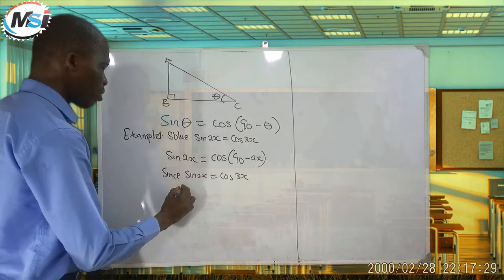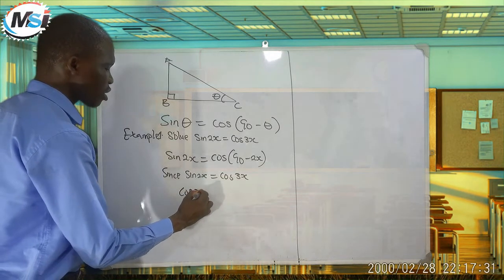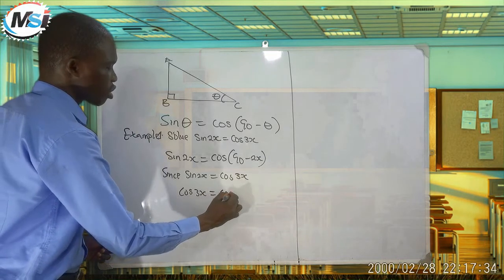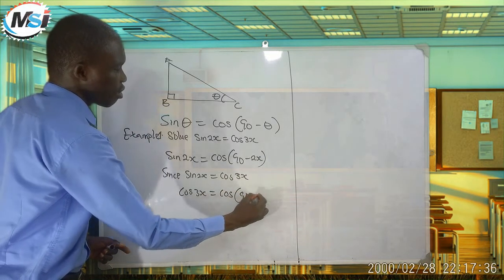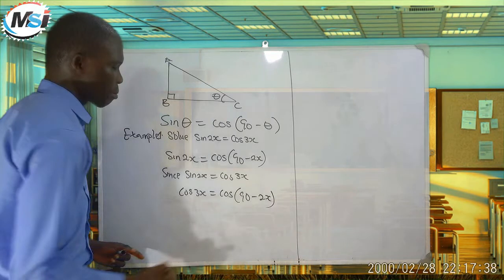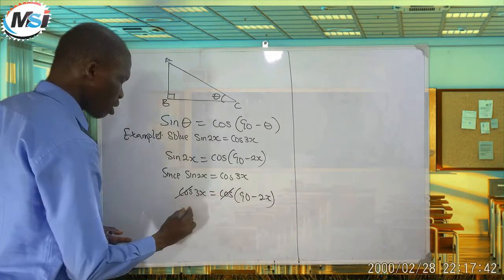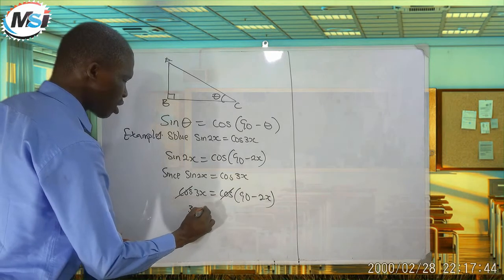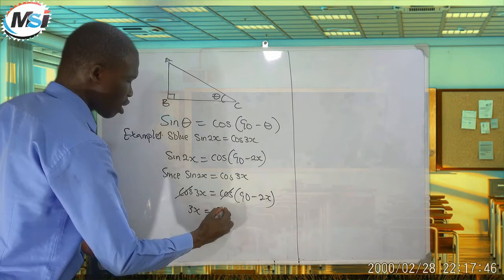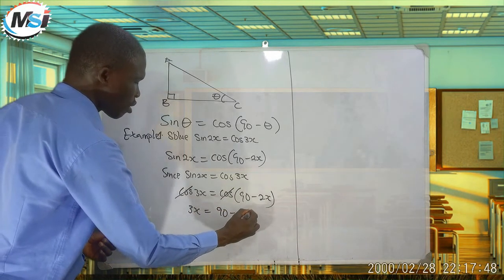This will give us cos 3x equals cos bracket 90 minus 2x. Okay, now this cos will cancel this cos. We are left with 3x equals 90 minus 2x.